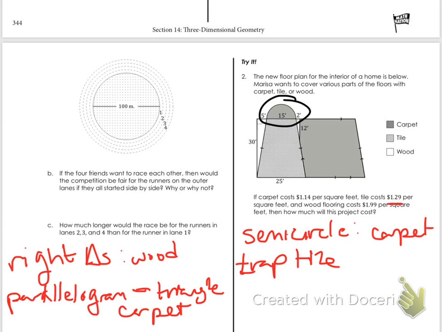We've got some work to do here. We've got to figure out what these side lengths are. And we're going to do that because notice all these congruence marks. This side of the trapezoid is congruent to this side.